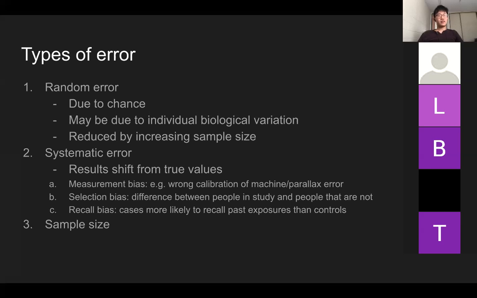Or recall bias, which is where people are more likely to recall specific cases or incidents than if nothing happened, and that could shift your results. And another type of error, which is more contributory to random error, is if you have too small a sample size and your results aren't a large enough data set.